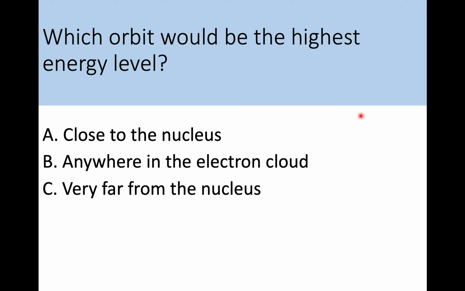So if there's the highest amount of energy binding an electron to the nucleus, you would think that electron has to be close to the nucleus, which is right. The closer the electron is being held to the nucleus, the higher the energy level is keeping that electron there.